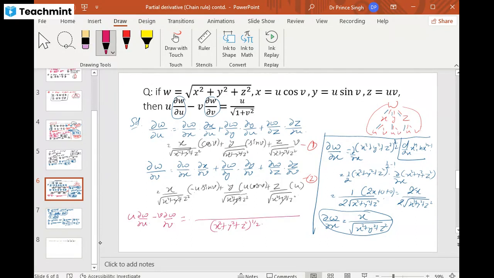So u cos v, minus uv sin v, multiplied by x. And here u sin v plus uv cos v. Let me clear this particular part so we'll get more space here.